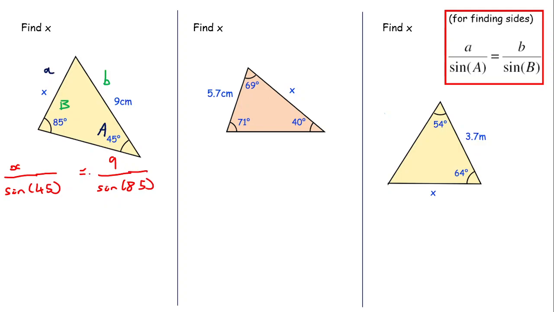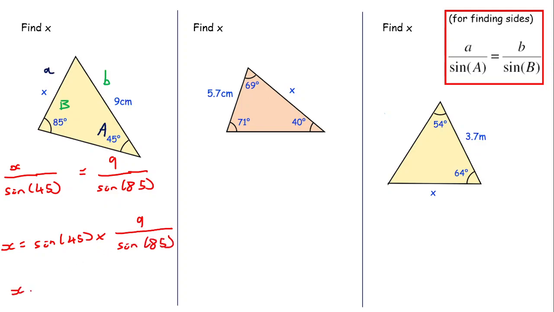Okay, and then we've got to rearrange. We're trying to find X, so we multiply through by sine 45. So X is going to be equal to sine 45 times 9 over sine 85.